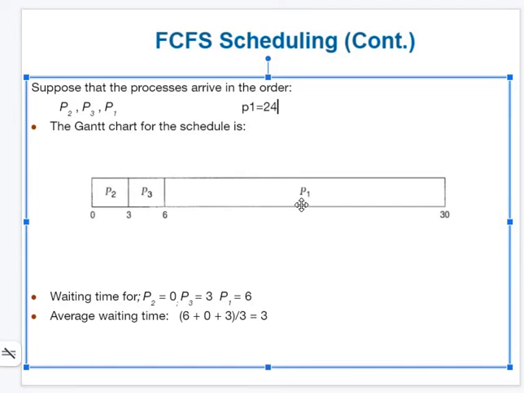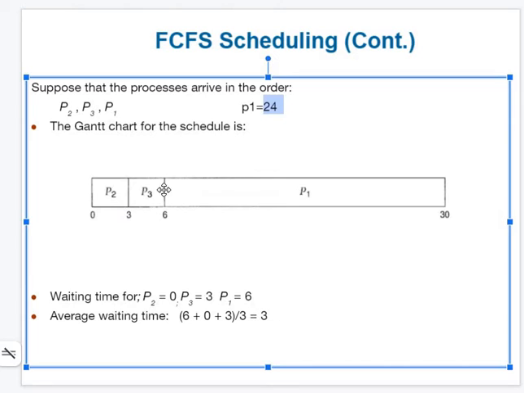So from 6, how far does it have to move? 6 plus 24 gives 30. Okay, hope the Gantt chart is clear now.